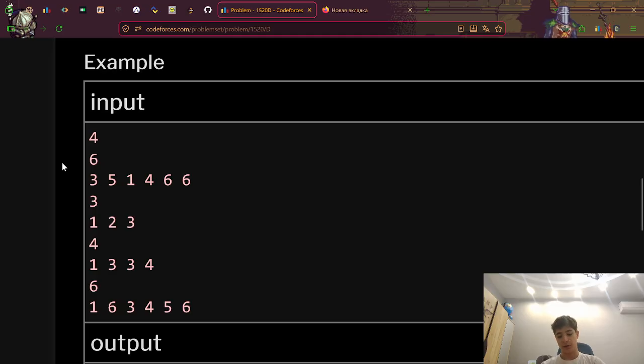What if in the sort, the first sort is going to be 1, 3, 4, 5, 6, and 6. For one-indexed set, the best one that is in its own place is, I don't know.